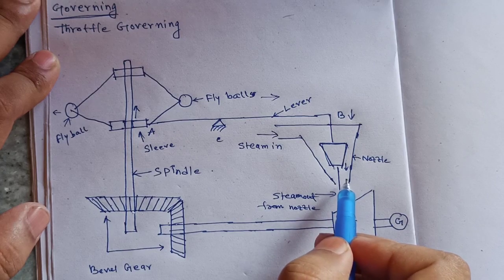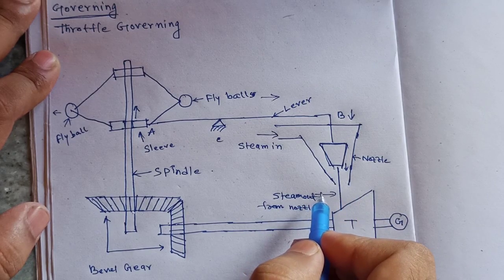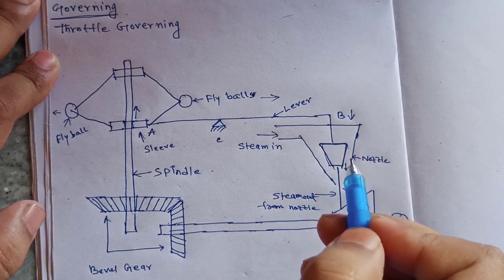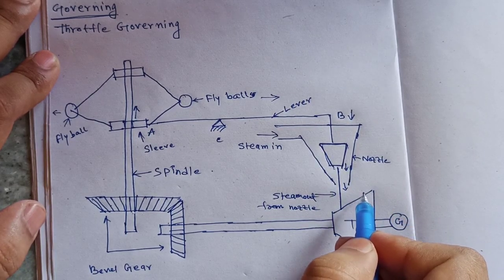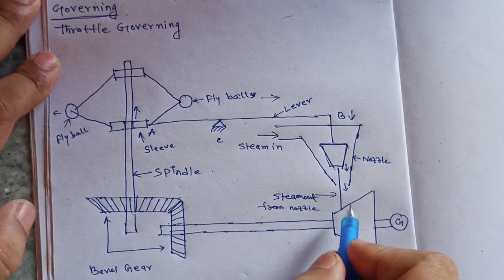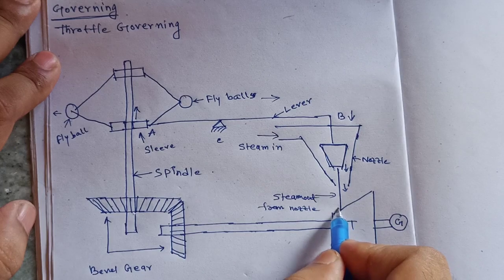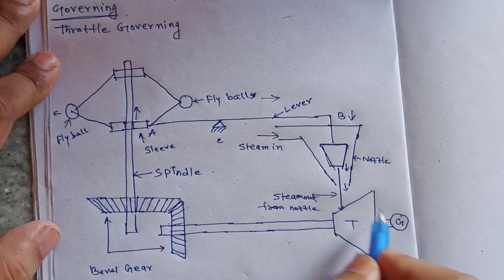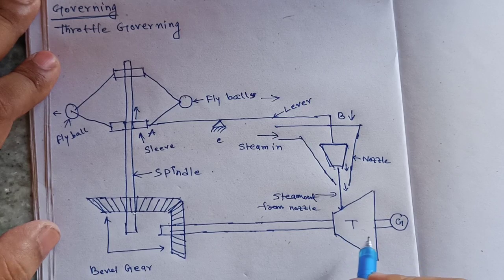As this area closes, the steam is not able to exit from this nozzle in the maximum or larger amount. Therefore, a smaller amount of steam will transfer to this turbine, and the turbine will rotate at lower speed.